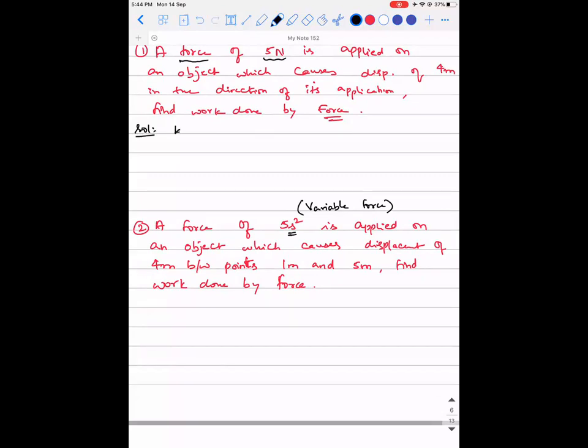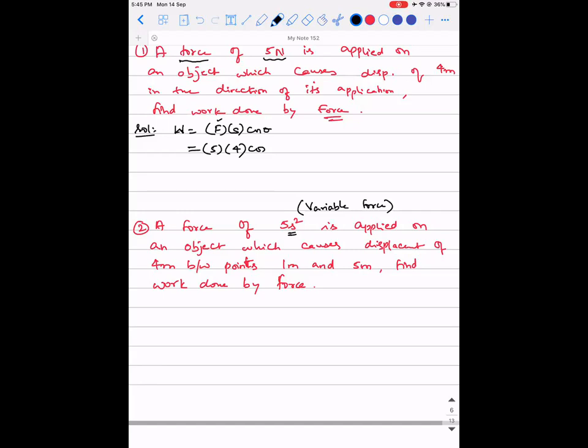What is the answer for the first one? Work done is equal to force into displacement into cos theta. That is the general formula, because the force is constant here. What is the force value? 5 into displacement 4 into cos of how much, guys? The force dependent on displacement is variable force, sir.